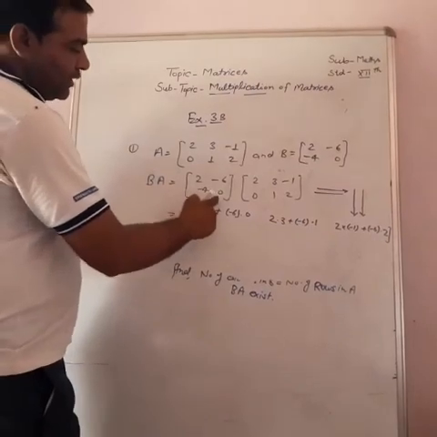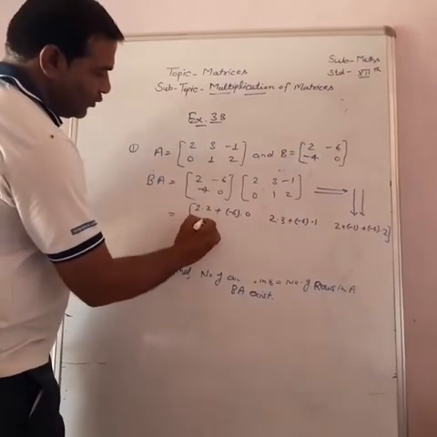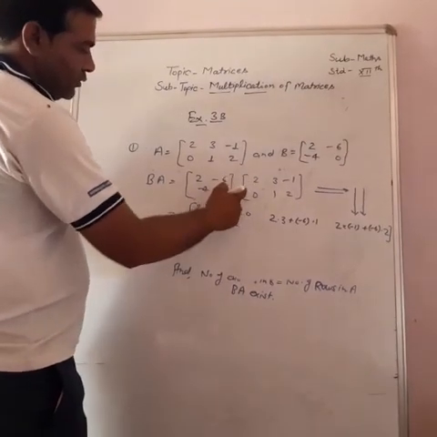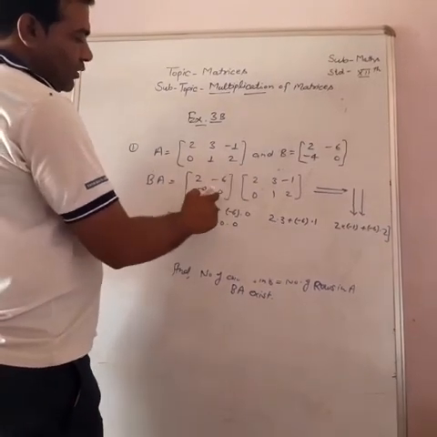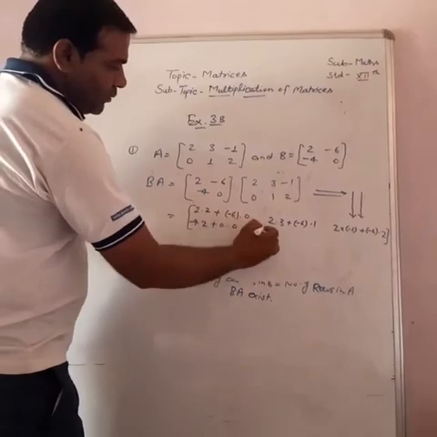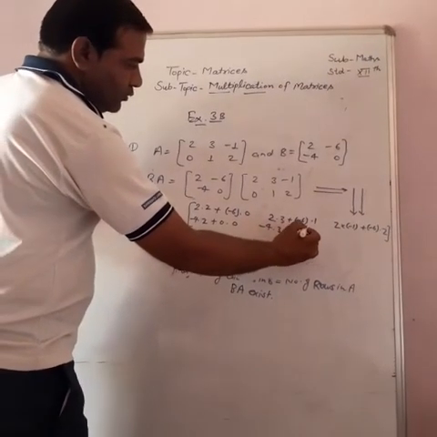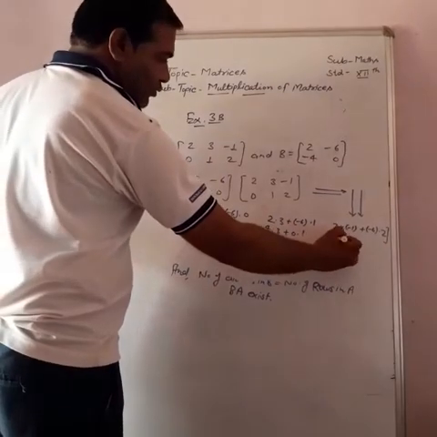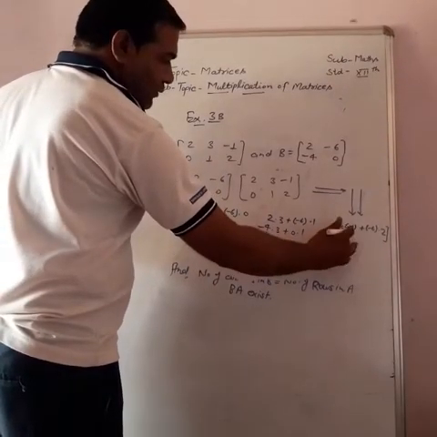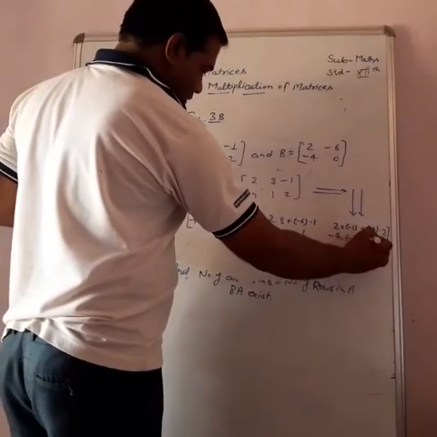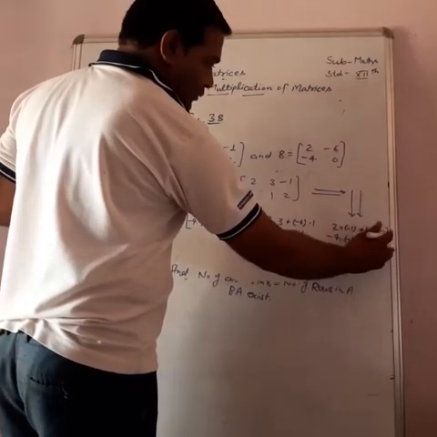Similarly from the second row: -4 into 2 plus 0 into 0, -4 into 3 plus 0 into 1, -4 into -1 plus 0 into 2.